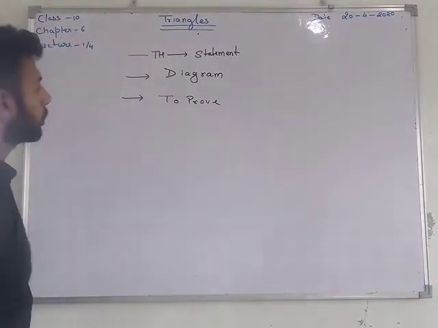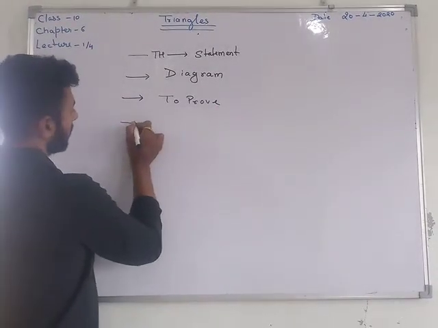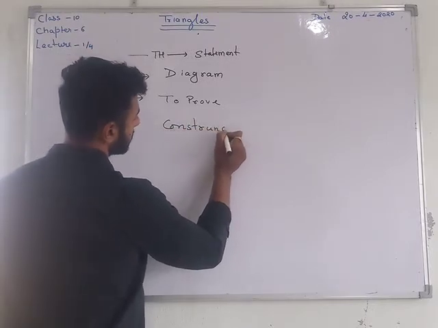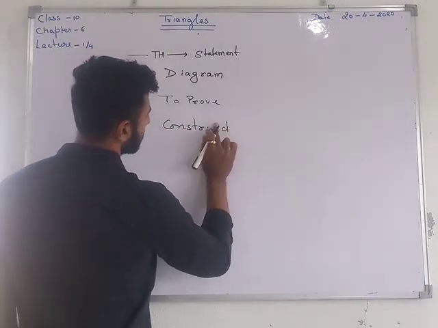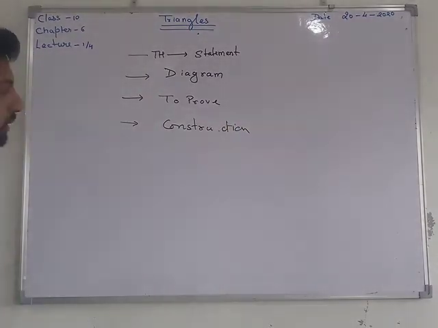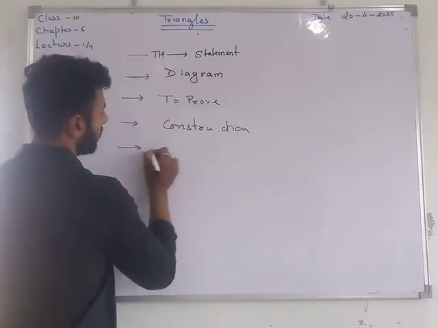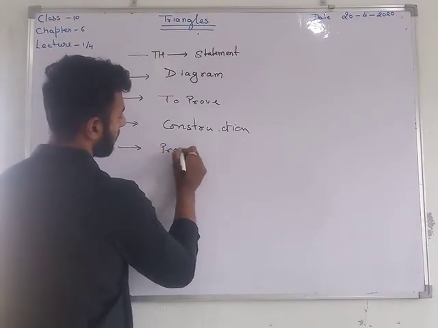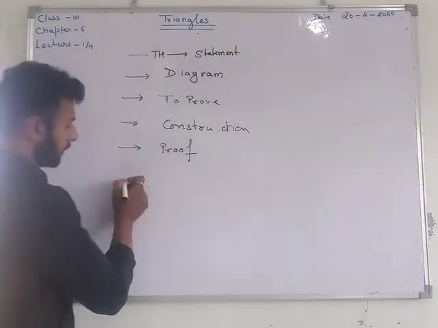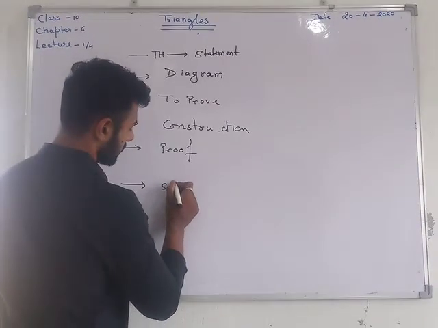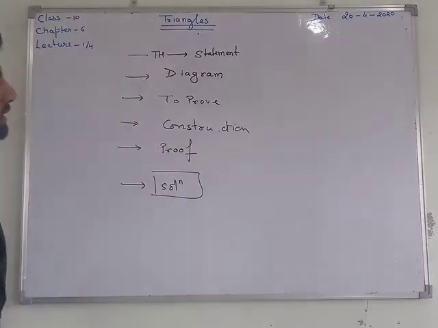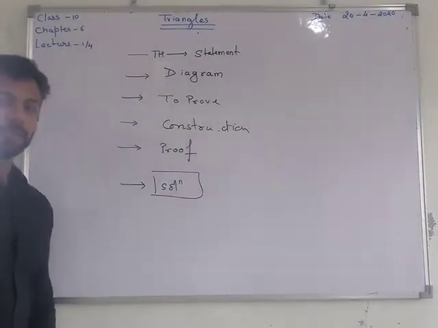Then the construction, if there is a construction. Then you have to start your proof. And at the end you have to write the required solution in the box. For each step you will be getting marks.